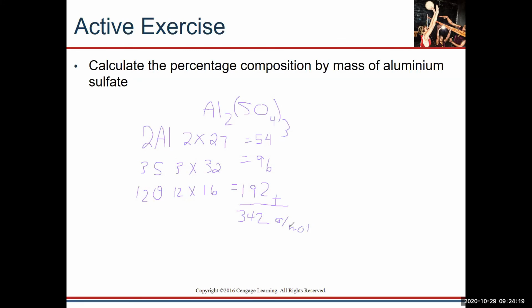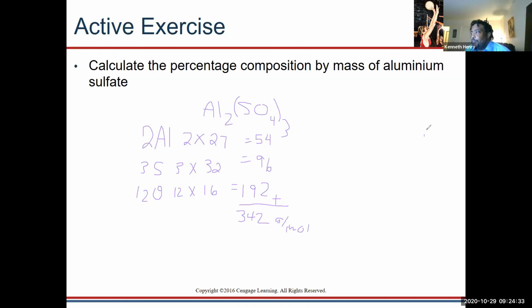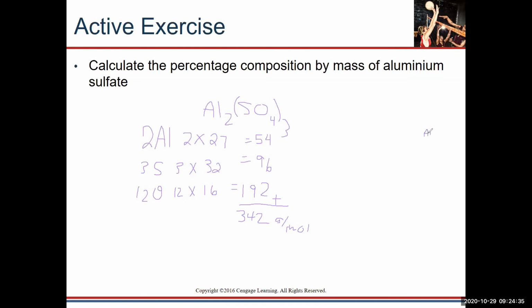Okay, so now we have to find the percentage composition by mass of aluminum sulfate. So we want to do each one. I was looking for one specific one, but so we have to figure out for all of them? Yep.